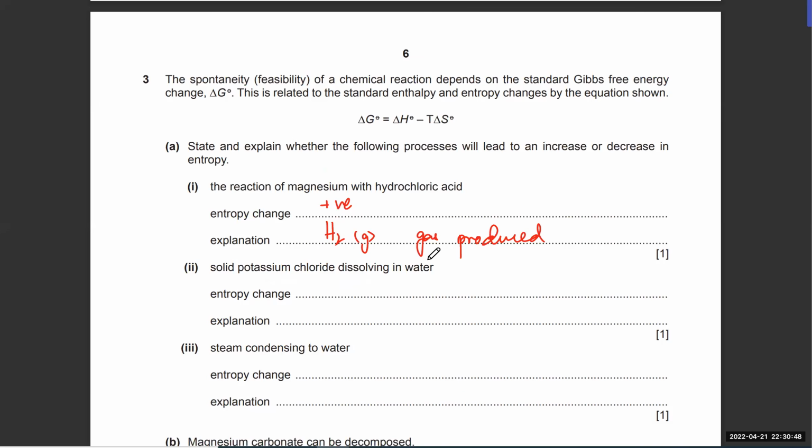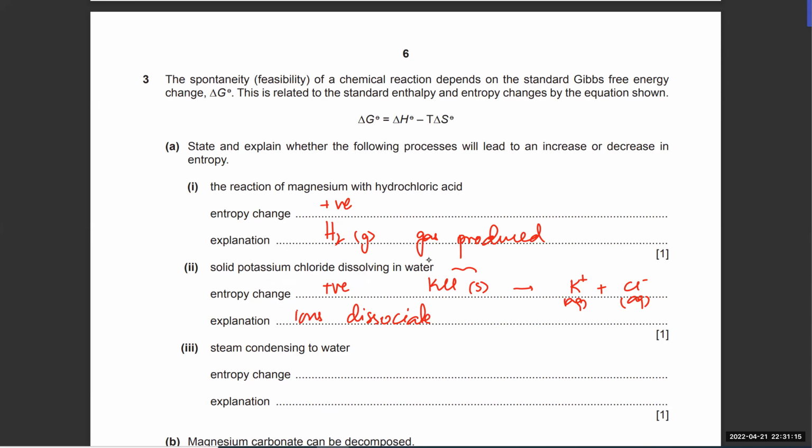Potassium chloride dissolving in water. Positive or negative? Positive. And why is it positive? Because it is dissolved in water, so the molecules are moving more. So you're going to write that the ions dissociate in aqueous state and more particles are produced.